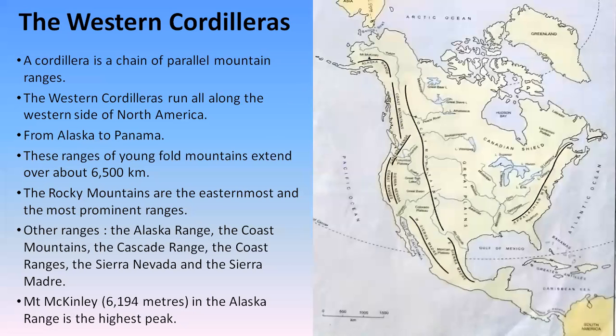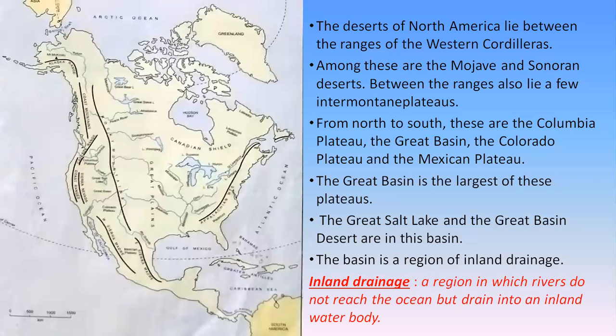Next, we are going to look at the deserts. There are some geographical features between these mountains, and we are going to look at those features over here. The deserts of North America lie between the ranges of the Western Cordilleras. Between these mountains you will find some deserts over this area. Among these are the Mojave Desert, here in this area, and then the Sonoran Desert, which you will also find over this area.